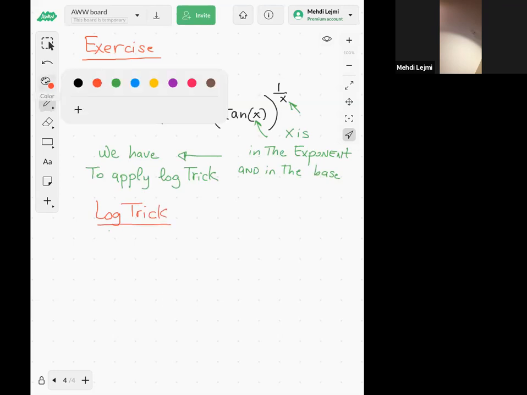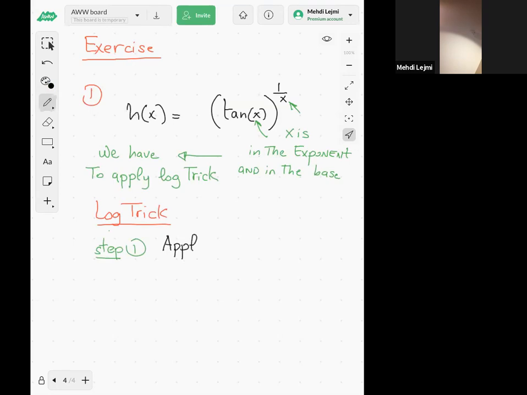Okay, so first step, step one, you have to apply ln to both sides. Natural log to both sides.